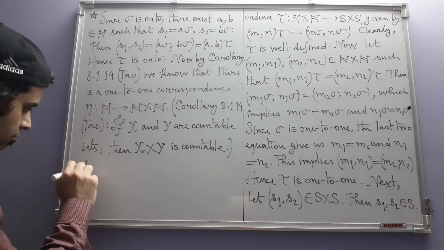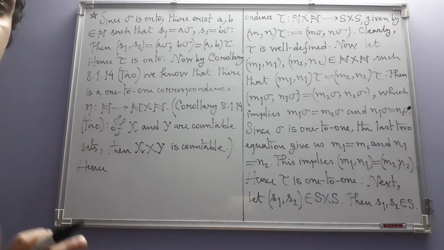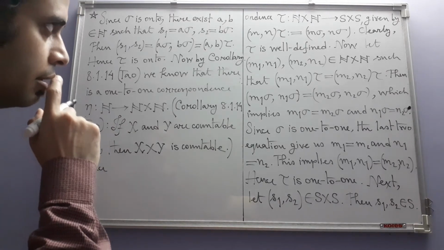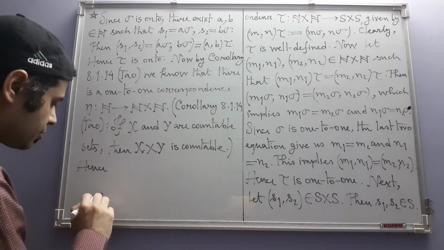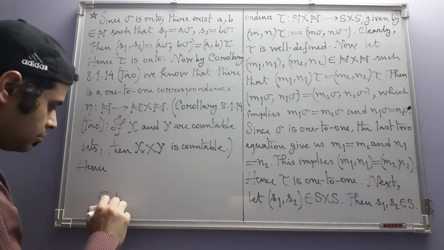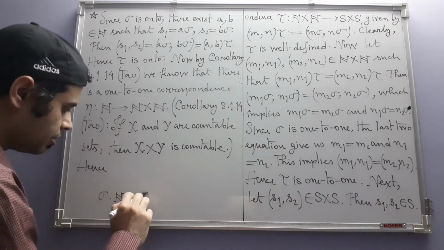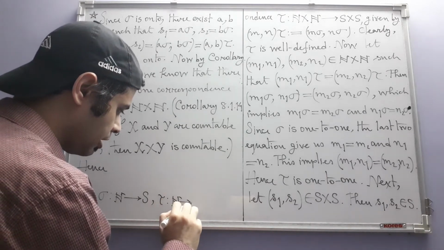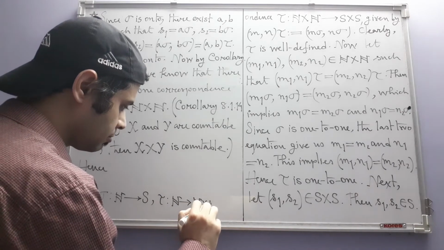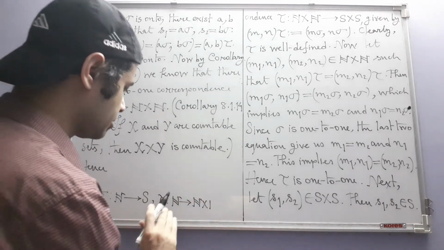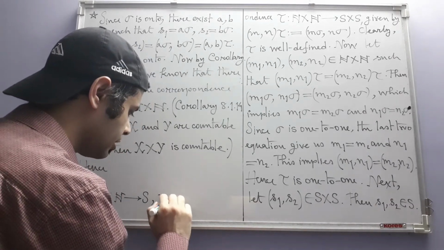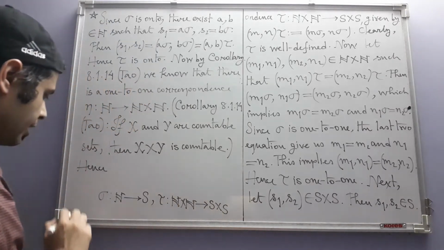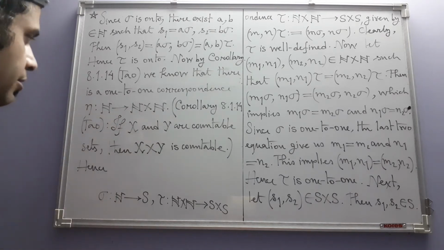Hence, we had to set up a one-to-one correspondence between S and S cross S. So sigma takes me from N to S, tau takes me from N cross N to S cross S, and eta takes me from N to N cross N.